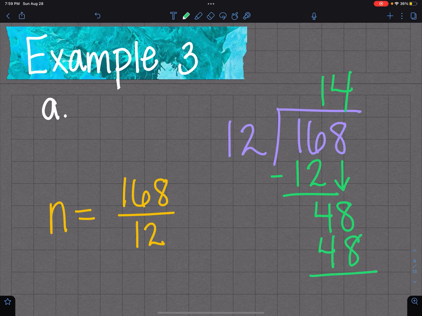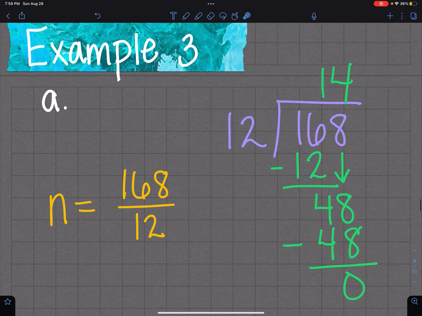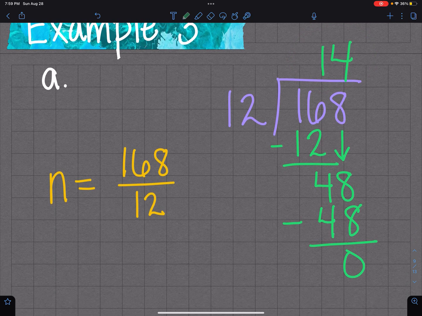So I get a remainder of 0, and so the answer is 14. Now, if I'm not sure of my answer, then I go back to the original problem, plug this in for n, and let's check it. The original problem was 12 times n, so now I'm going to do 12 times 14, is equal to 168.